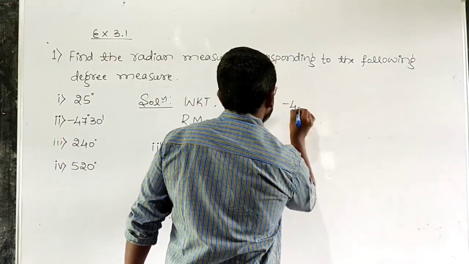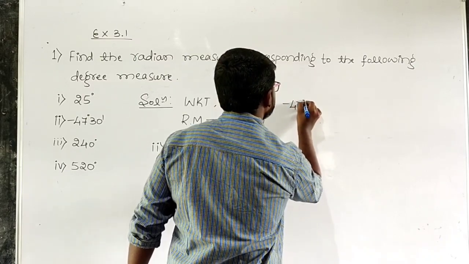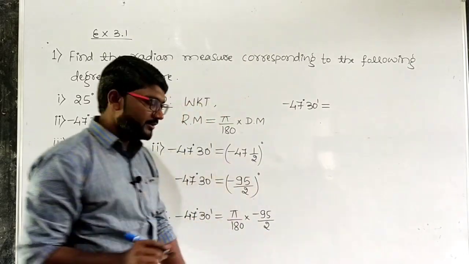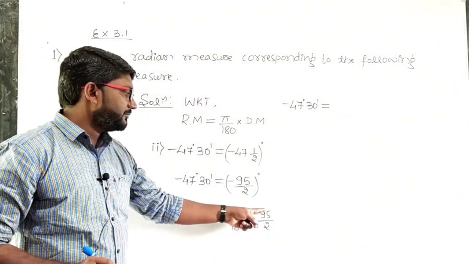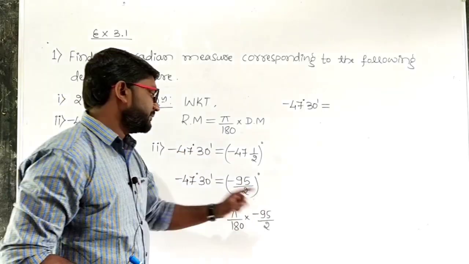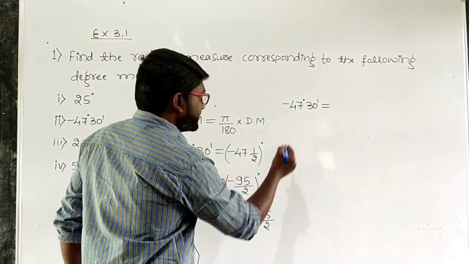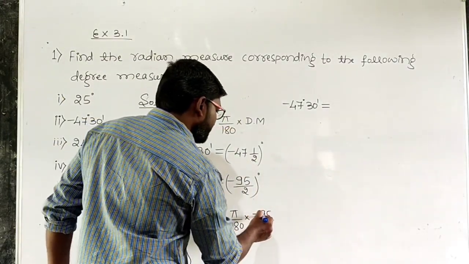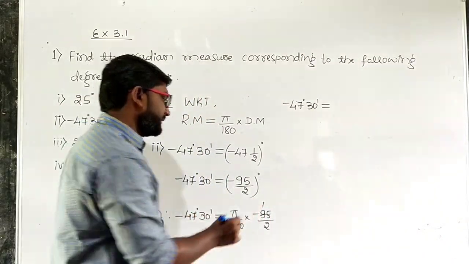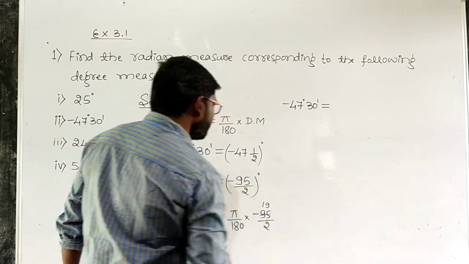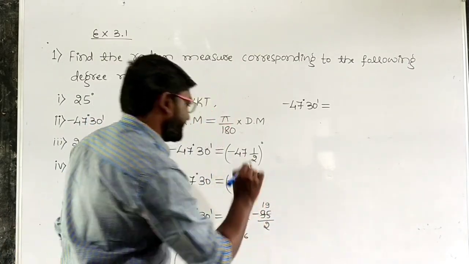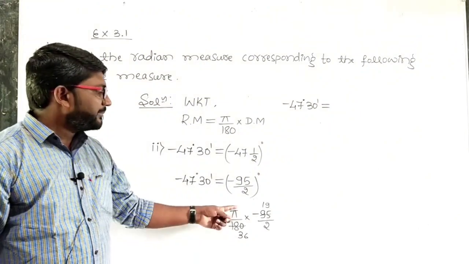So let us simplify this now. Minus 47 degree 30 minutes equals, so we have to cancel out these two terms. Here 5 ones are 5, 5 nines are 45, and this is 5 thirty-sixes are 180. So now multiply the numerators.